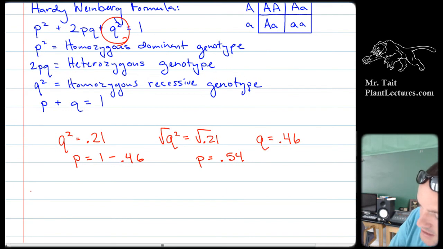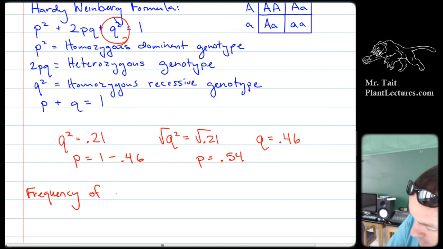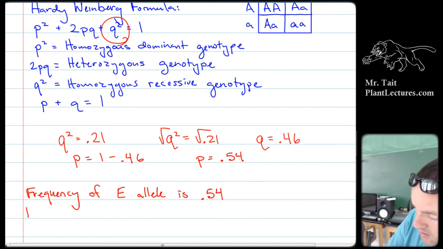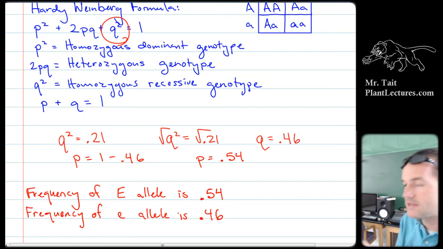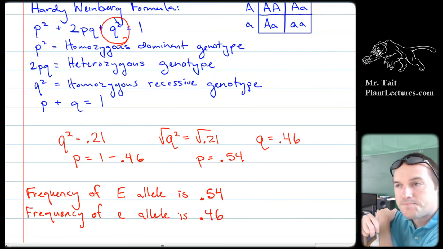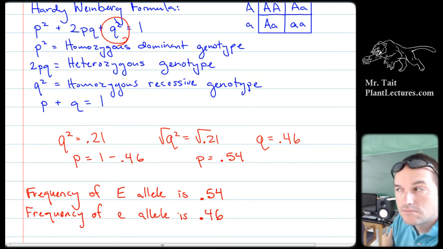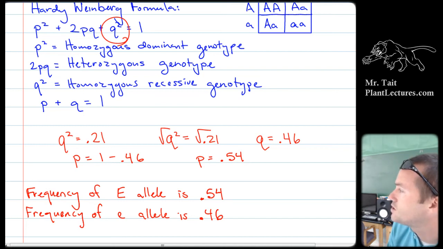So I know that the frequency of the big E allele is 0.54, and the frequency of the little e allele is 0.46. So if I asked you to estimate the number of people in this class that are heterozygous for this trait, what would you do?